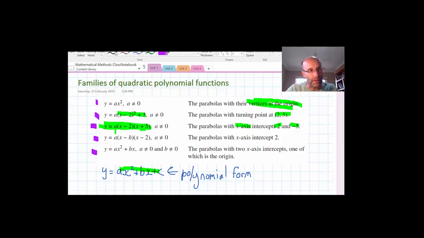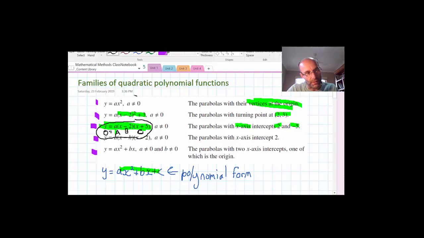Because the only way you can get y equal to 0 here is, you basically got 3 things. It's the Null Factor Law with 3 parts. You've got a times b times c. And it's really just the 3-part Null Factor Law.